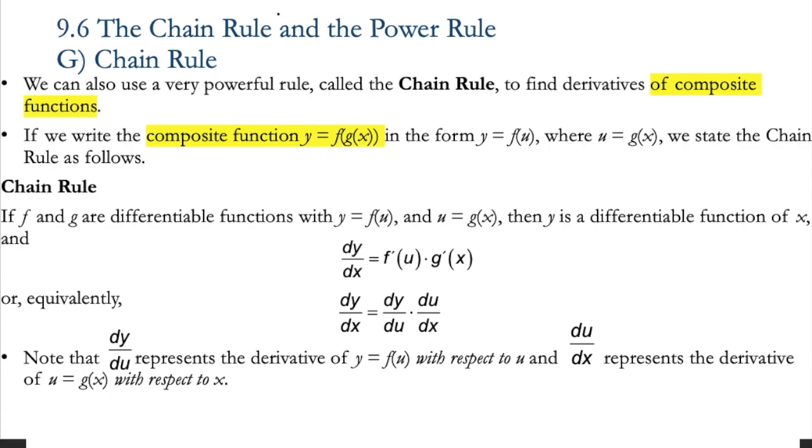So in general, if f and g are differentiable, with y equal to f of u, such that u is gx and y is a differentiable function of x, then you can find dy over dx equivalent to f prime u times g prime x, or equivalently dy over dx equals dy over du times du over dx.